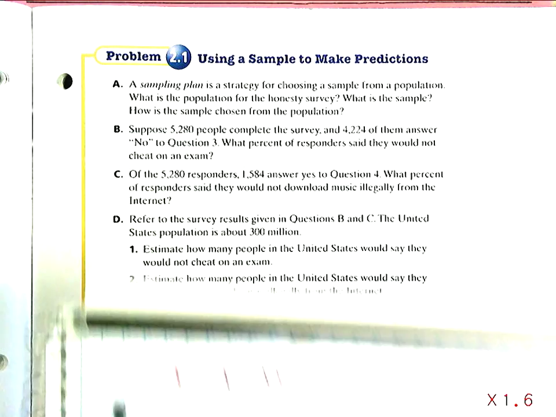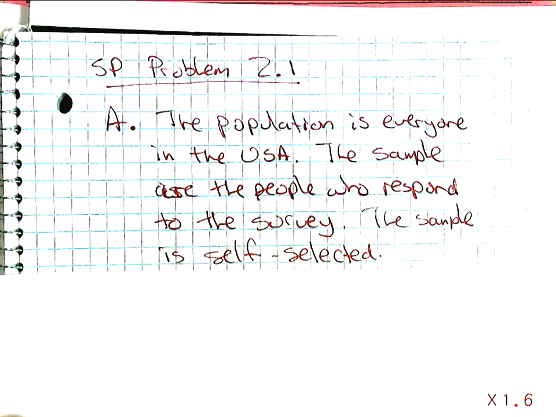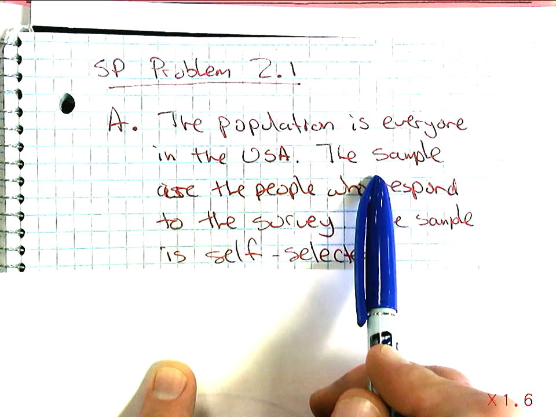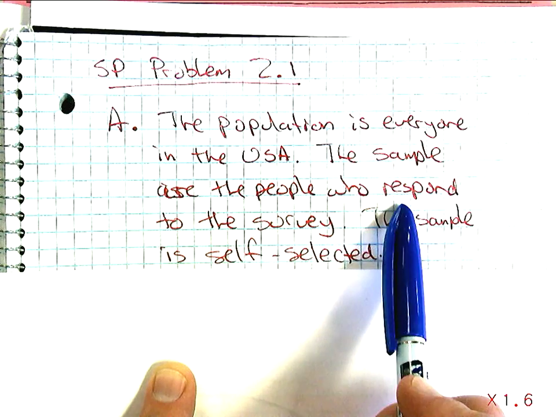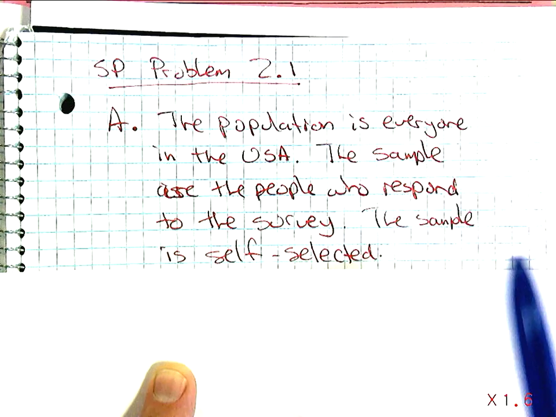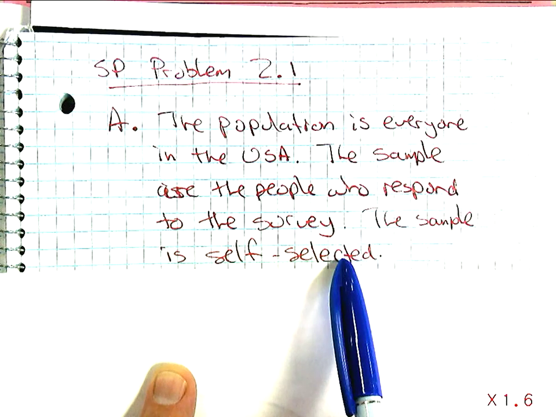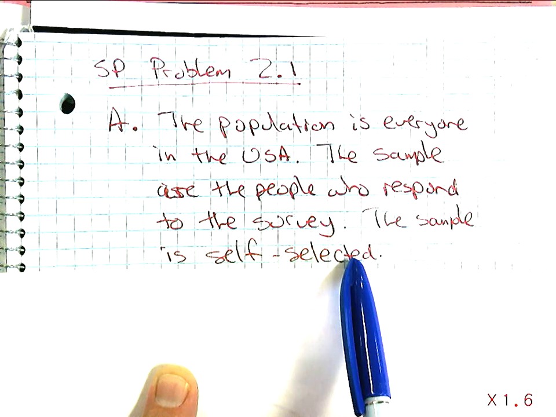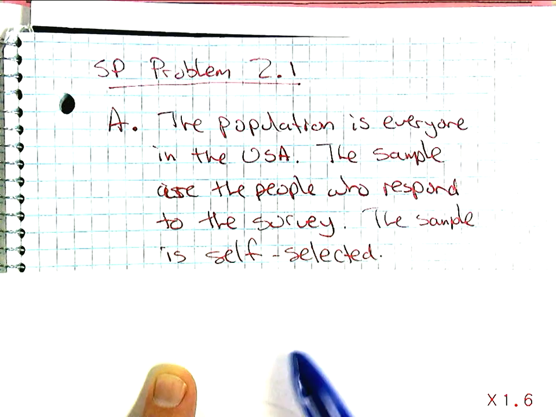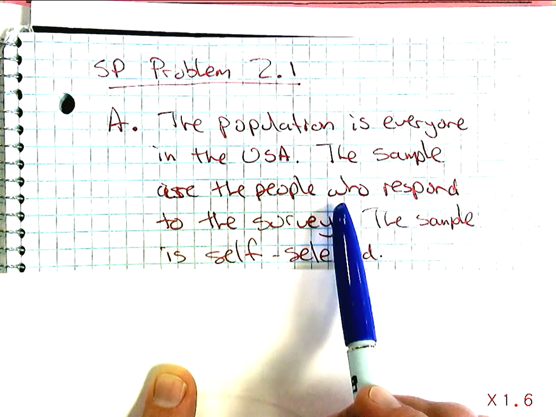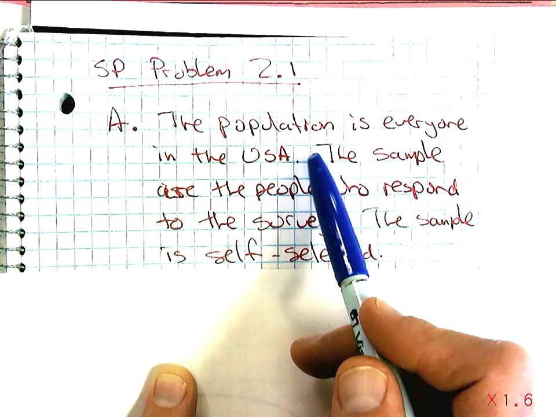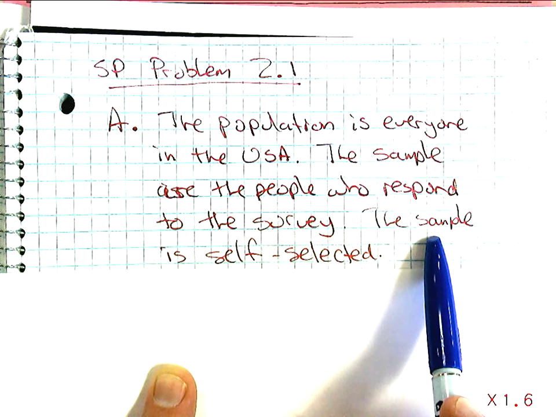So first of all, the population is everyone in the USA, and the sample are the people who responded to the survey. The sample is self-selected. In other words, people voluntarily respond. They self-select. I choose to go to the website. I choose to answer the questions if I'm a reader of the magazine. So the population is everyone. The sample is those that choose to respond.